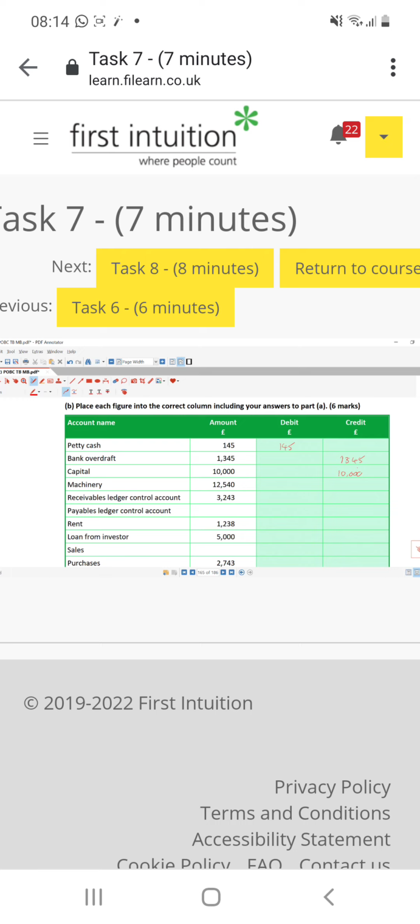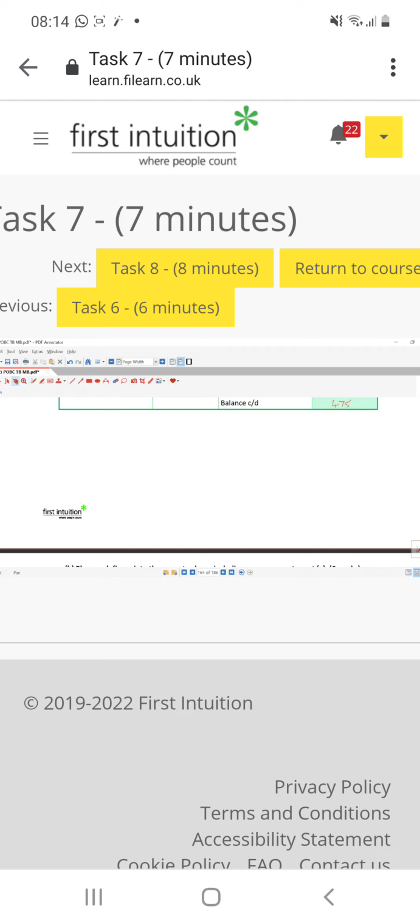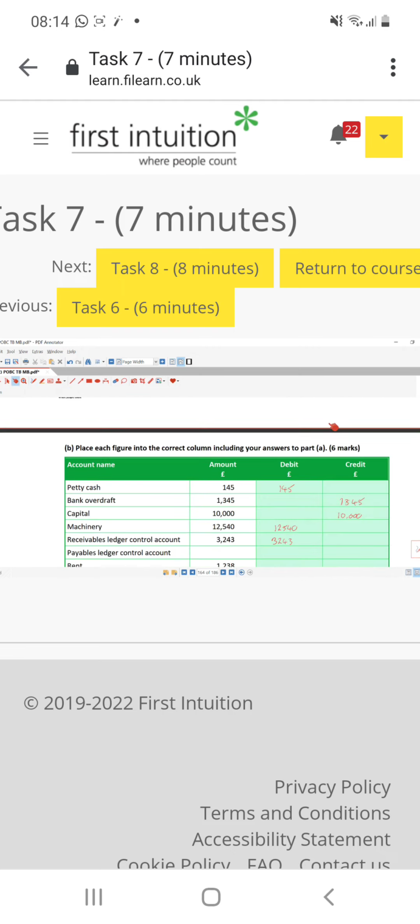And then we have our machinery, which is a non-current asset. So an asset here of 12,540 will be on the debit side. Receivables ledger account, again, that is our debtors, what we are owed, so that too is an asset, so it will be on the debit side of 3243. And that payables ledger control that we just had last time, which is a liability, and we said would be on the credit side of our trial balance.